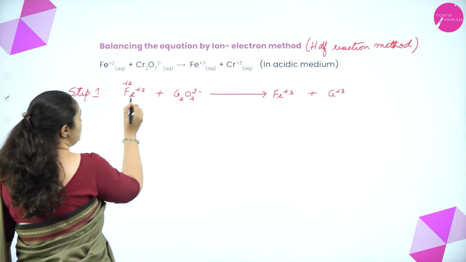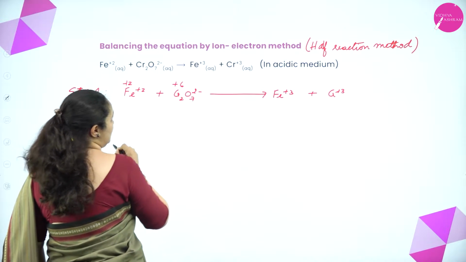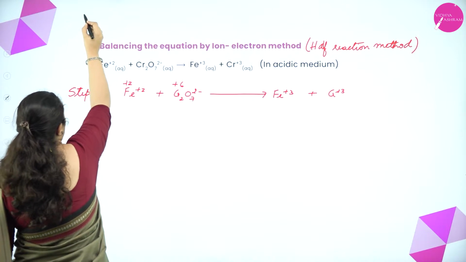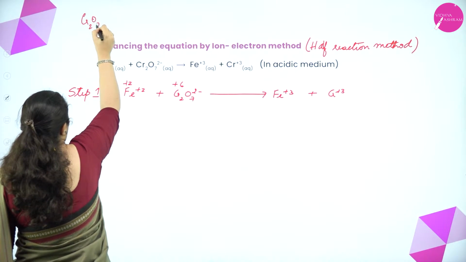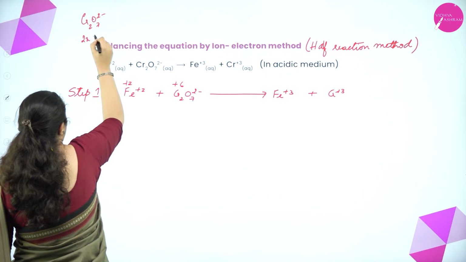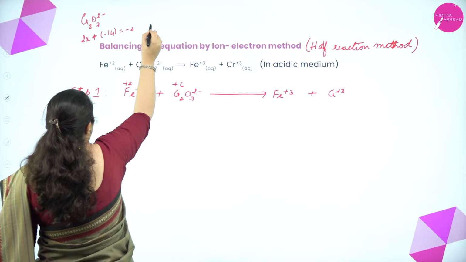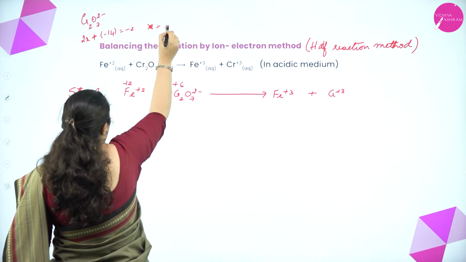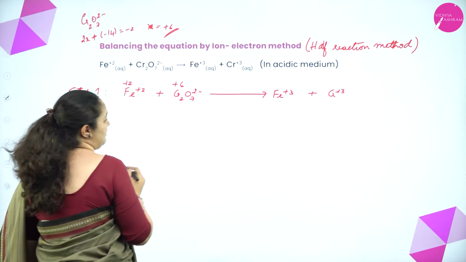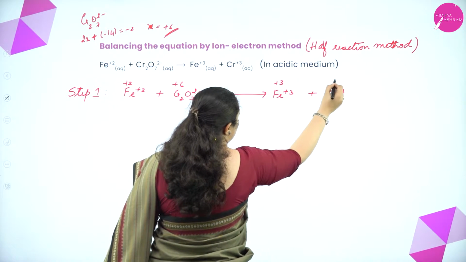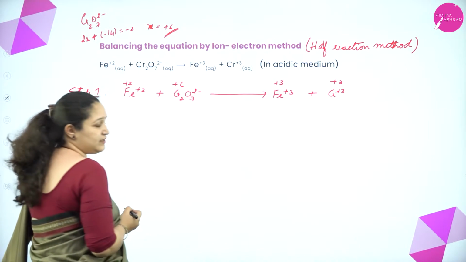So I will again identify which is undergoing oxidation and reduction. This is in plus 2 state. Here this is in plus 6 state. If you want me to do the calculation, I shall do it here. Cr2O7 2 minus: 2x plus minus 14 is equal to minus 2, so x is equal to plus 6. Here it is plus 3 state, and here also it is plus 3 state.